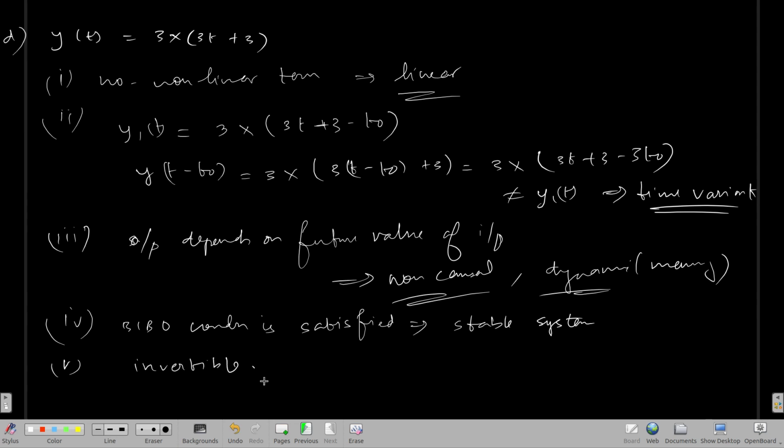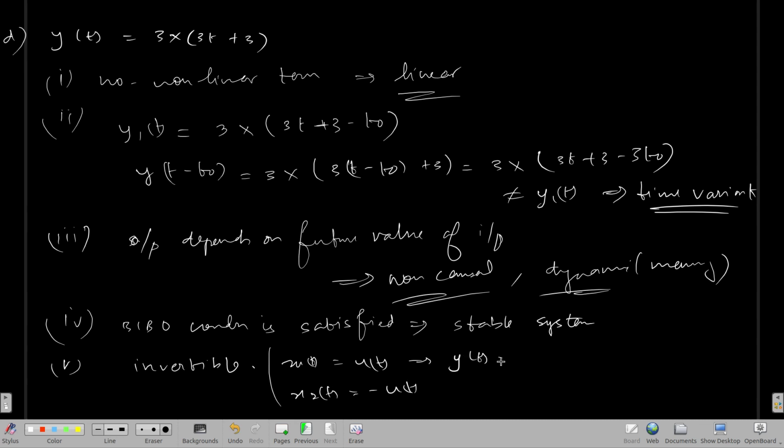Or if you want to contradict that, you will have to find two sets of input which give the same output. To prove the invertibility, you can just take two inputs. For example, x1 of t equal to u of t, and x2 of t equal to minus u of t, and see what is the output.